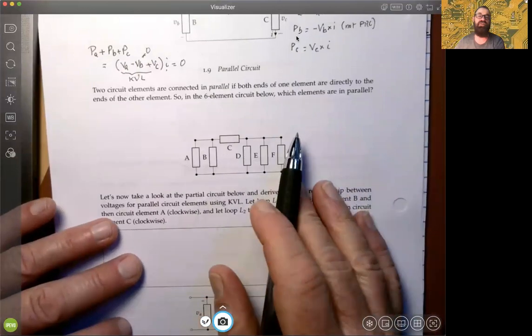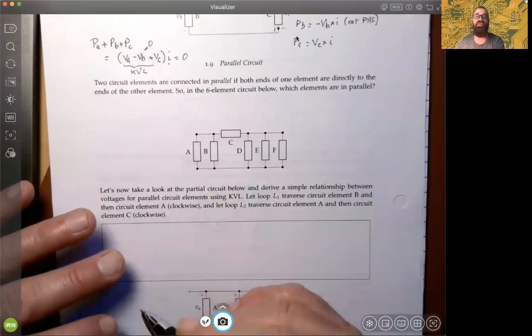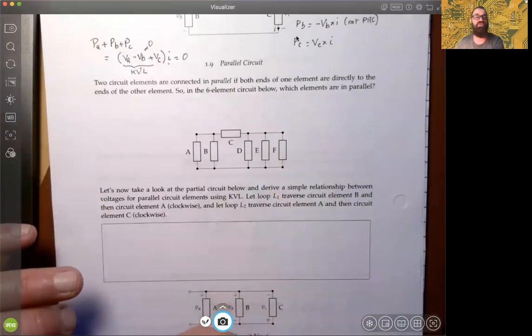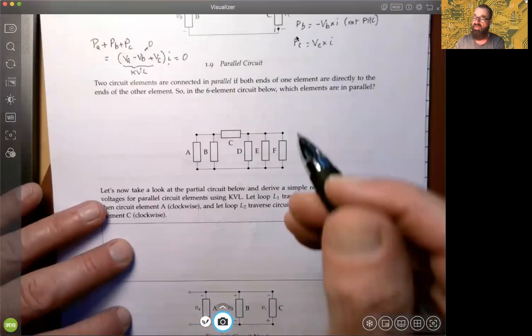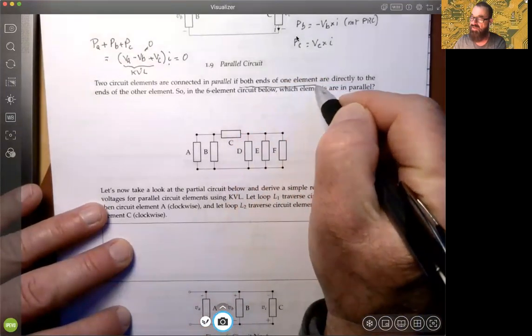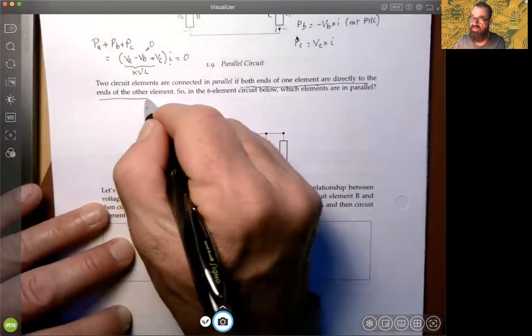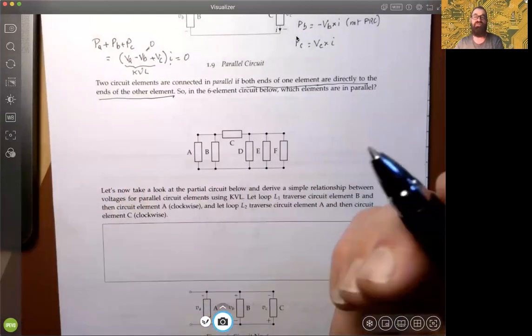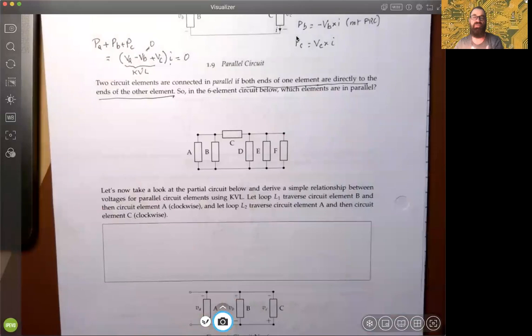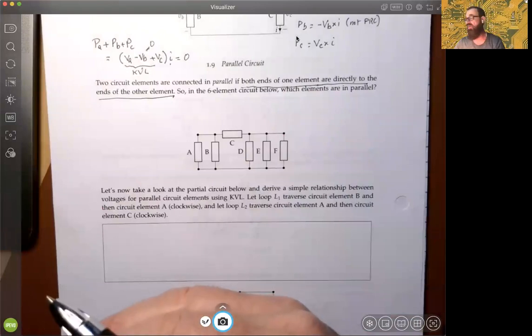So here's a representation of a more complicated circuit. And the idea of two circuit elements being in parallel is that both ends of one element are directly connected to the ends of another element. So the two ends, whether the two tops or the two bottoms, the two lefts, the two rights, however it's configured, if they're connected, they're in parallel.